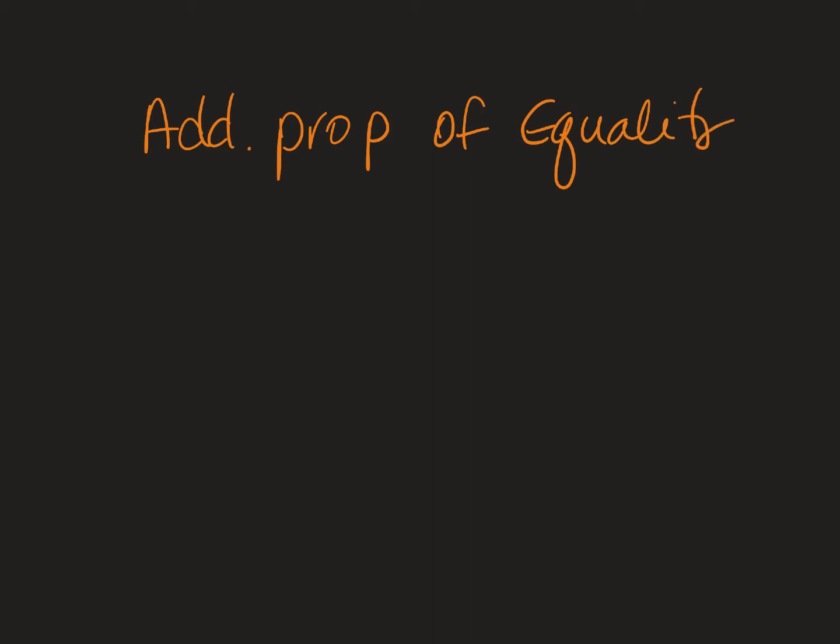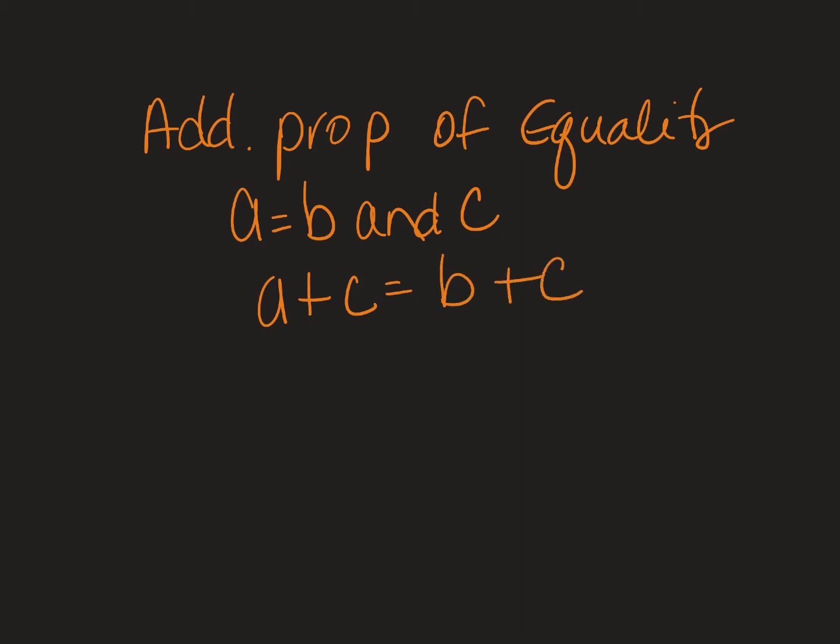Okay, so what it says is, given A, B, and C, where A equals B, then A plus C equals B plus C. I know that probably is a little confusing, but imagine if you have 5 equals 5.